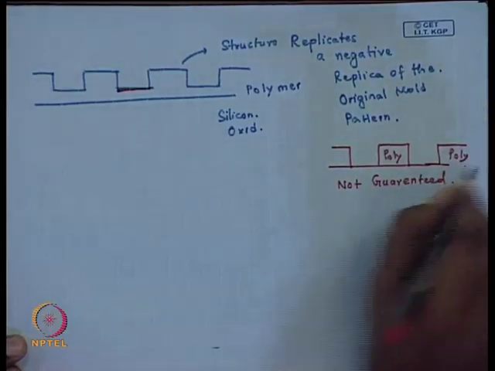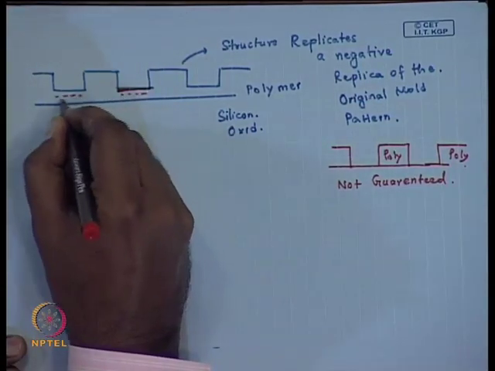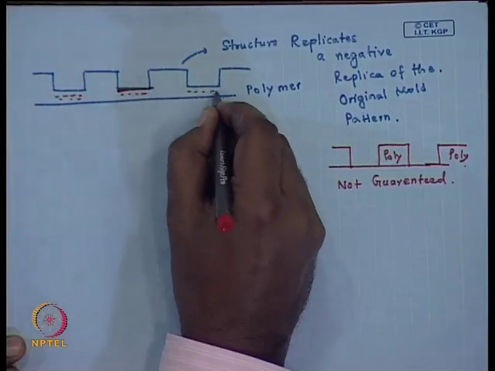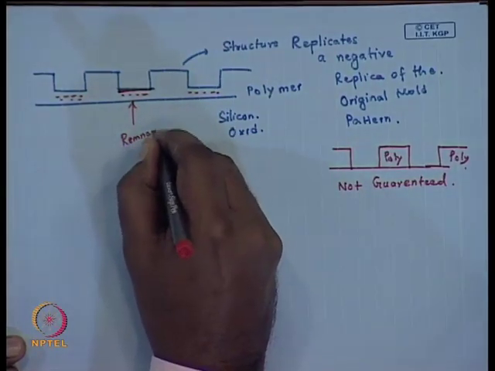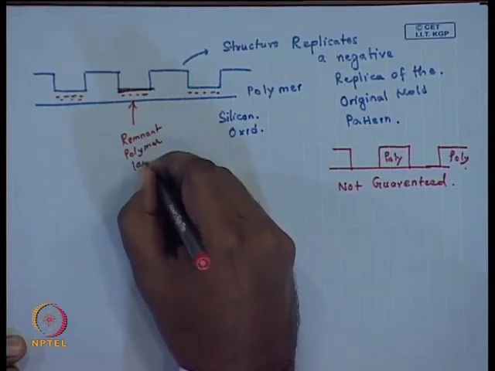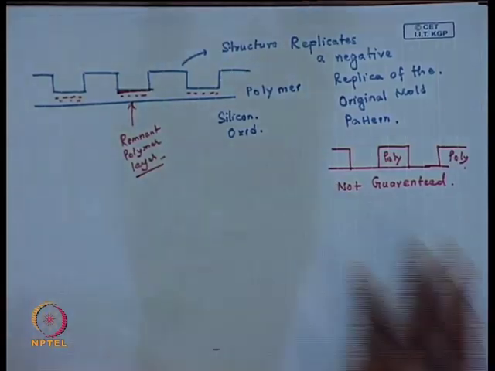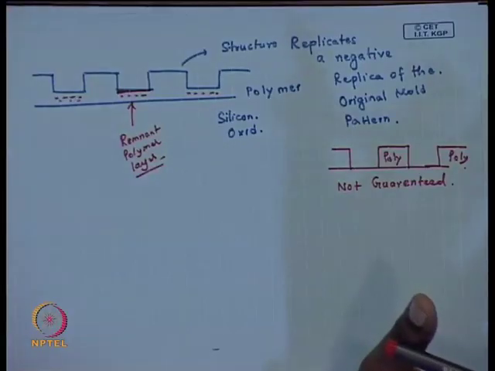Okay. So, chances are that even below the valleys on the structured film, you will have a remnant polymer layer. And if you want to look at hydrophobicity or something like that, or want to do some experiments with structural color, you are perfectly happy with this type of a structure.